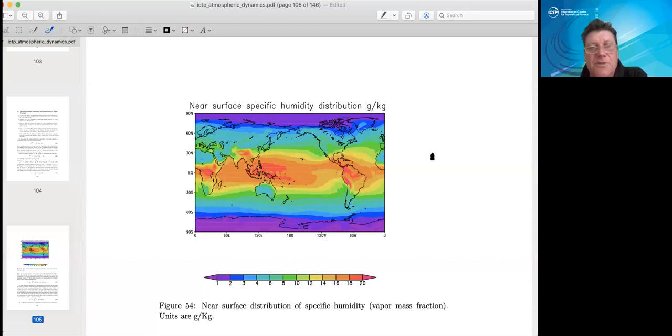It's also warm in the tropics, and that is where we have most of the specific humidity. And then it's cold in the extratropics, and there we have much less specific humidity. What do you think is the reason for this? Can someone make a guess? Why do we expect this distribution in principle?